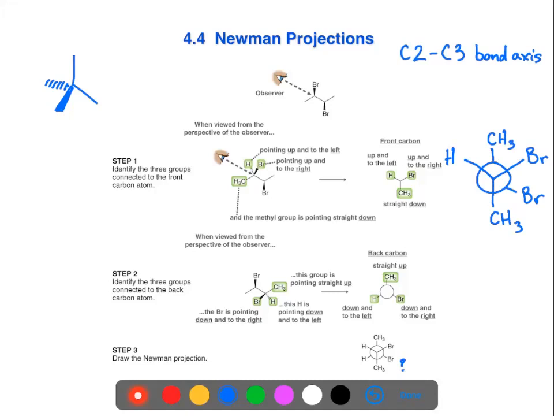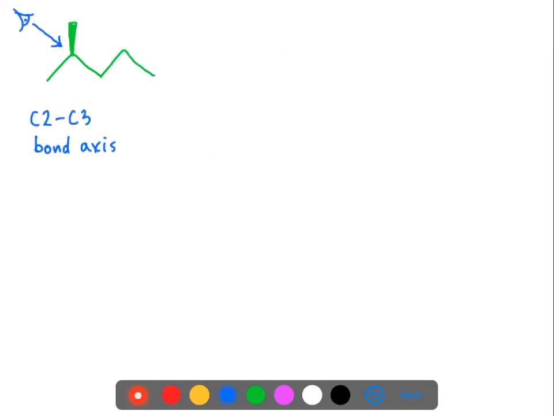And the hydrogen will also be on the same side as the first carbon-hydrogen bond we drew on the front carbon. And so this is the Newman projection for this particular conformation. So this is one conformer of 2,3-dibromobutane. Let's look at another example.